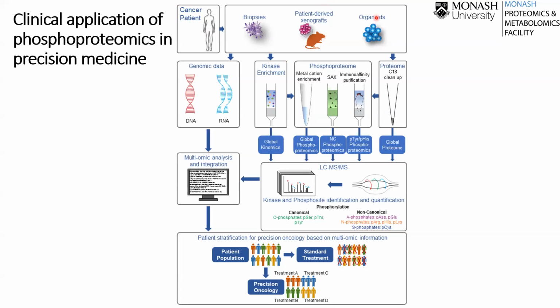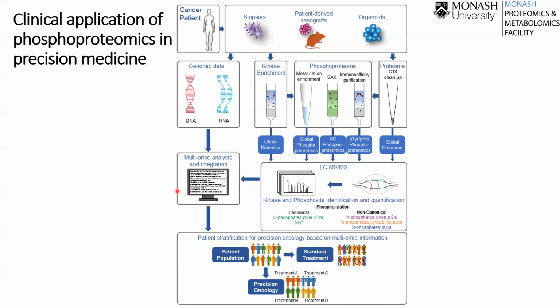And in order to study phosphorylation by mass spec, we have to enrich for the phosphorylation. There are several ways to actually enrich for phosphorylation, and I'll come back to this a bit later. But after we do the enrichment, we analyze the phosphoproteome by mass spec.